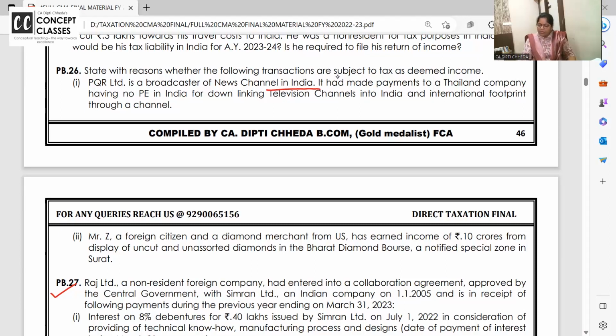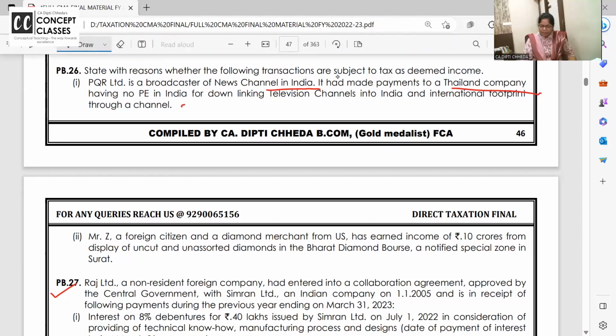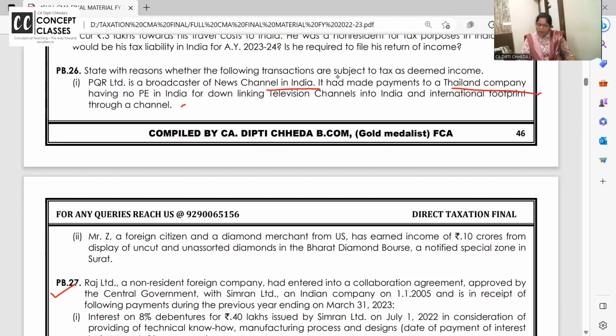It has made payment to a Thailand company, not having a PE in India, for downlinking television channels in India and an international footprint through a channel. So is there a business connection or not? Who is PQR? It is in India. It has made payment to a Thailand company. Thailand has no PE, but the Thailand channels are to be seen in India.